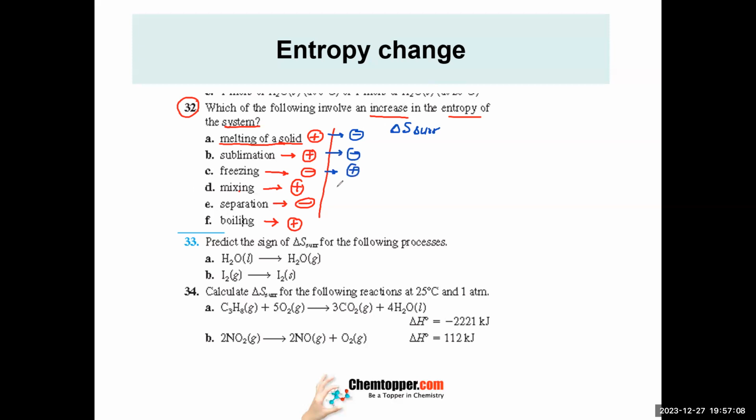This is plus, this is minus. So based on this, can you answer this question? Here they are talking about the delta S of the surroundings. Yes, Atharva. Delta S surroundings is equal to minus delta S system.